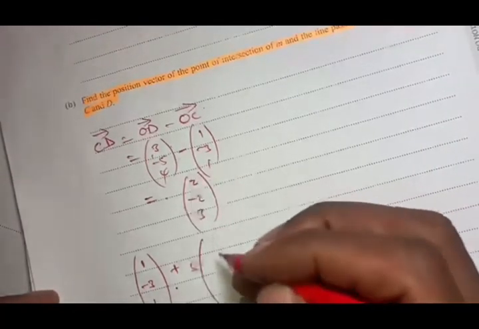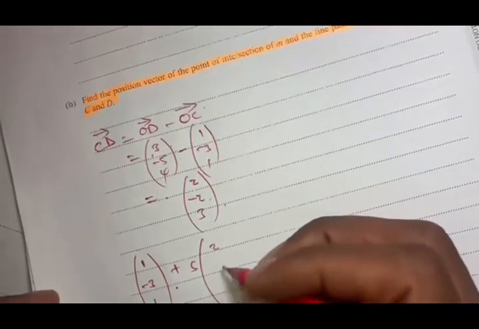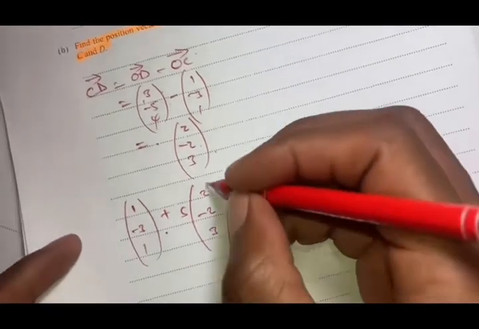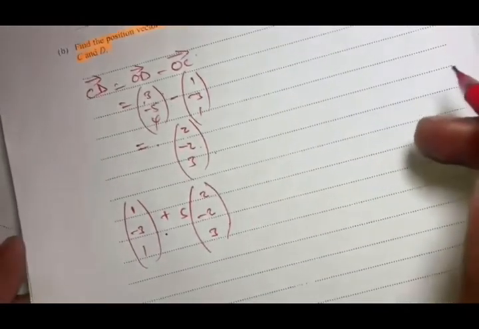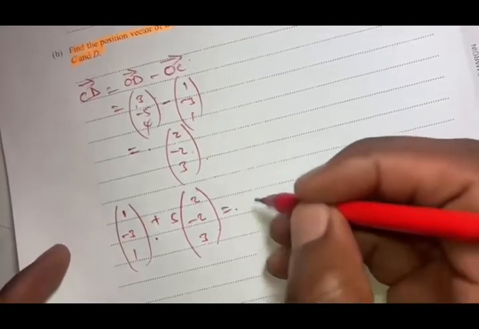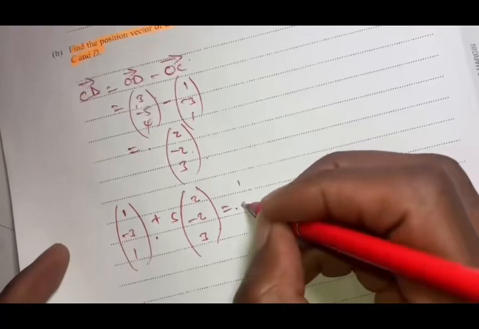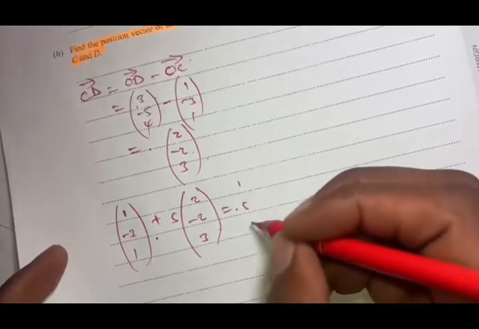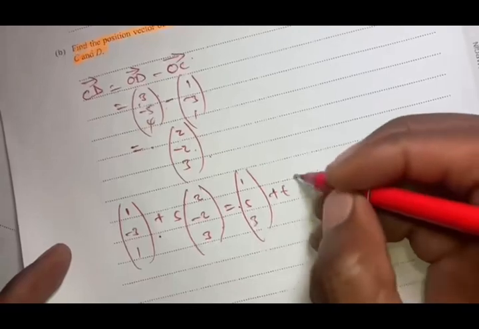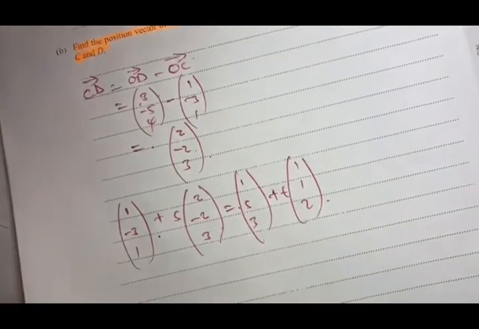So this is the equation of the line passing through CD. Then I'll set it equal to the line passing through AB, which is M: 1, 5, 3 plus t times 1, 1, 2.